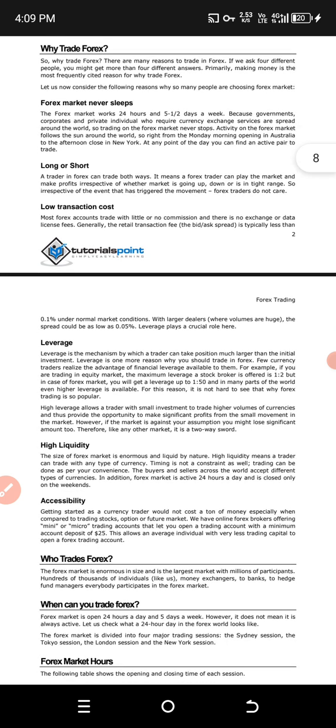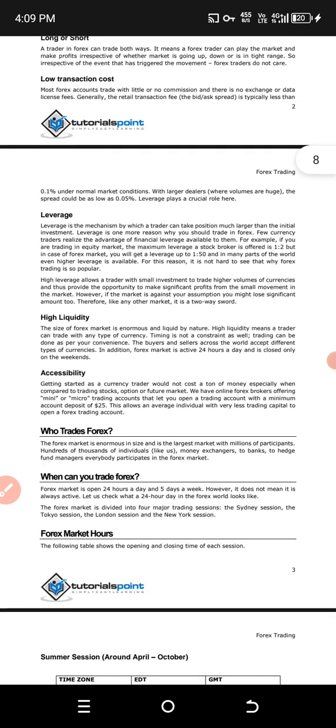Low transaction cost. And then leverage. Yes, you need big money to enter the market, but because there's something we call leverage, there are people we call brokers that give us leverage. It means the same buying power as somebody that has 1 million naira that is entering what, the market. So it means anybody can enter the market with a very low amount of money.